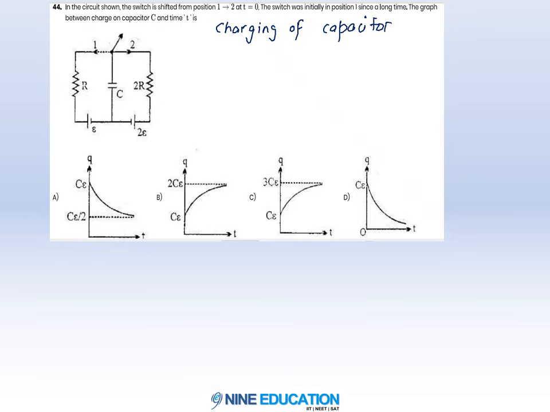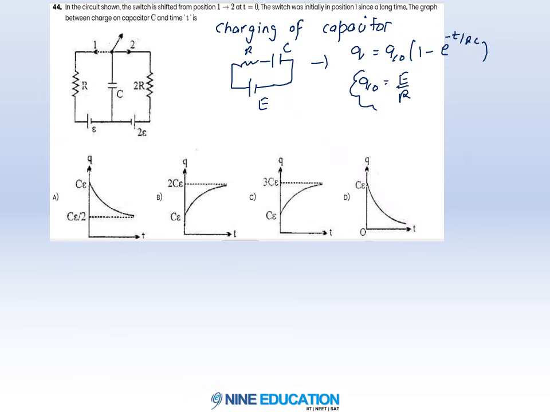If you remember, if you connect a battery with a resistor R and a capacitor of capacitance C, the charge at any time is Q equals Q naught times 1 minus e power minus t by RC. Q naught is, sorry, Q naught is C E.